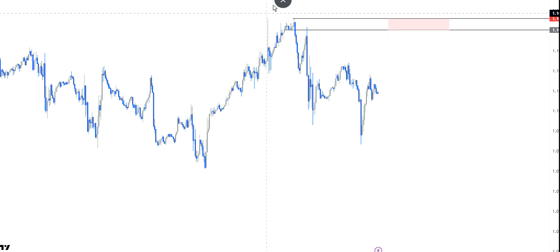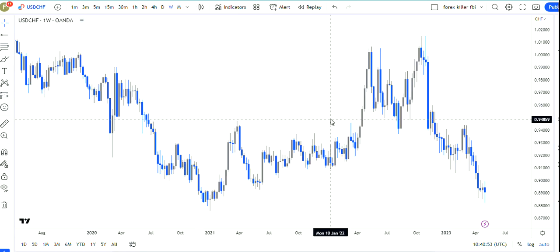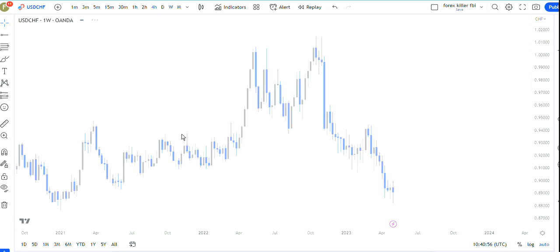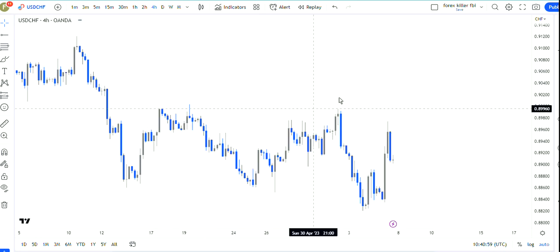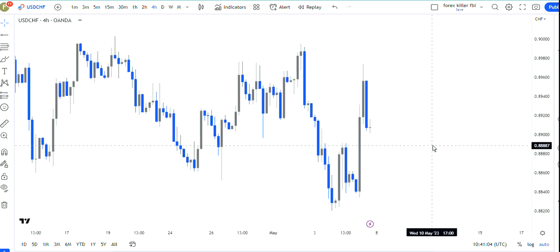Let us see what will be going on USD CHF for the upcoming next week. This is USD here. Let us start with our time frame. What you have to know here is that DXY moves in the same direction as USD CHF, so you have to analyze DXY first before coming to USD CHF.